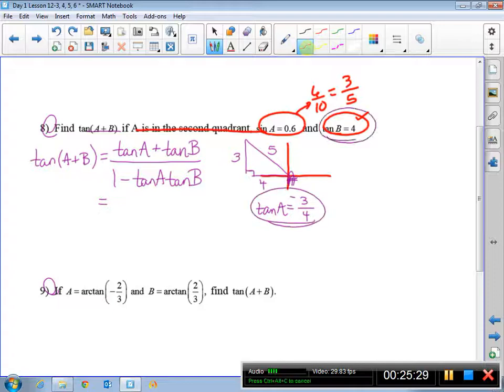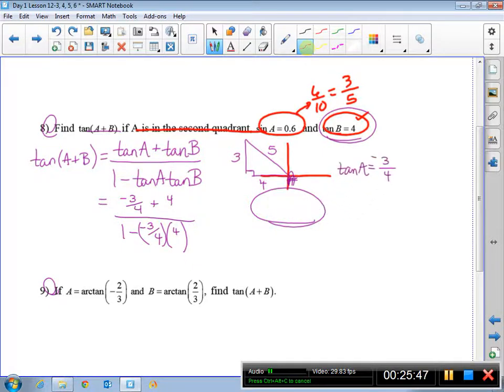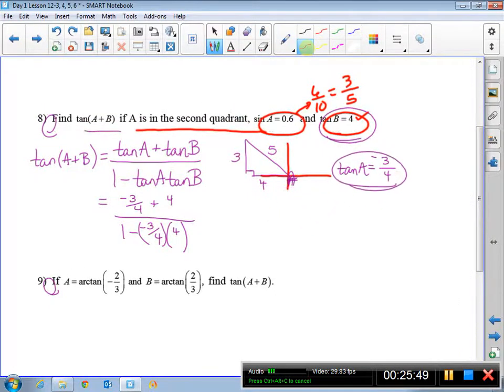Tan B will be replaced with 4. Then it's just a matter of doing the arithmetic. All right, let me move this. Do the rest of this work.